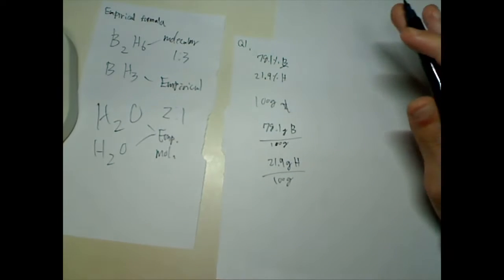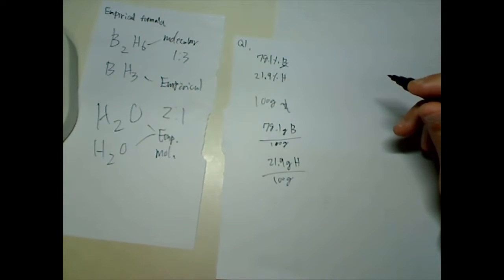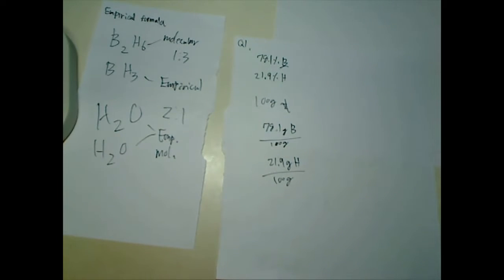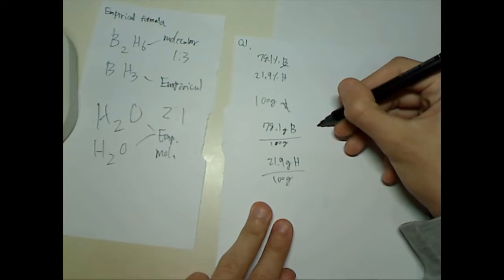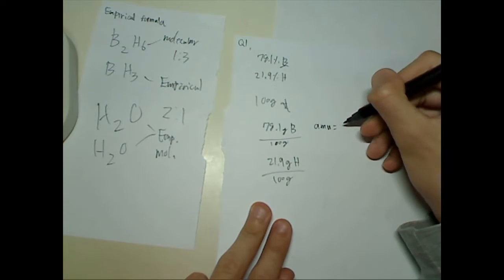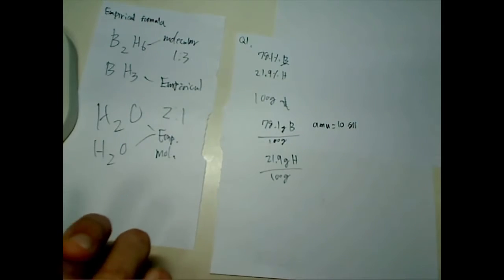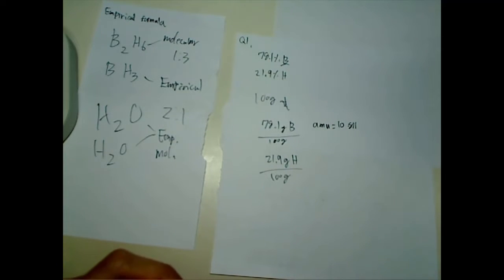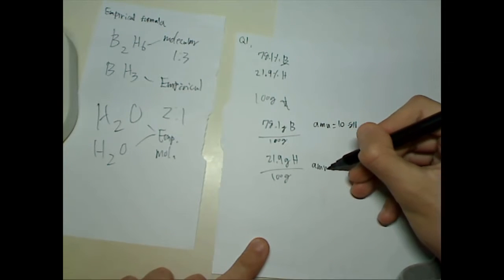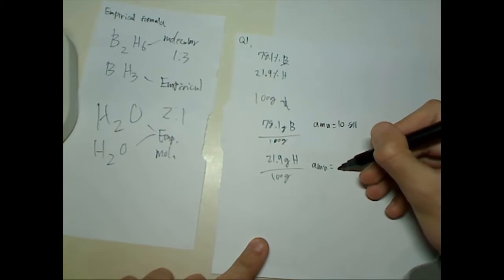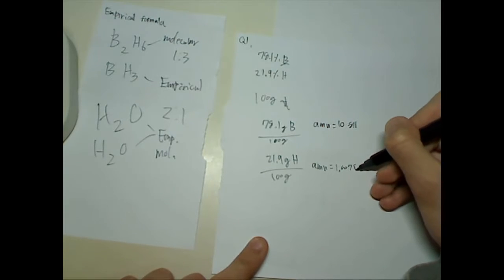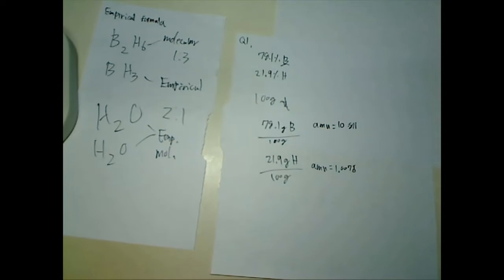So on the periodic table, boron has an AMU of 10.811. We'll just say 10.8. Hydrogen is exactly 1.007, but we'll just say 1 for simplicity's sake.